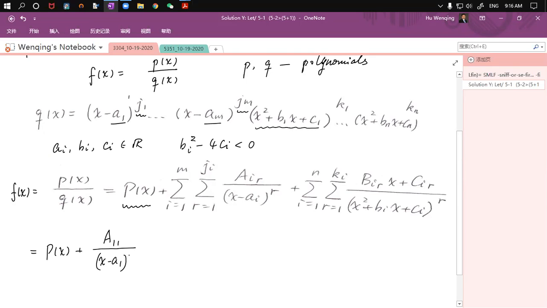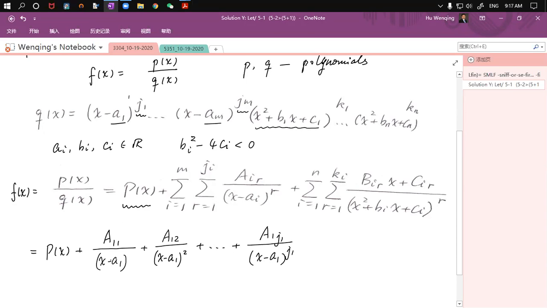You're just going to have the first order polynomial, and then a12 is going to be over x minus a1 to the power of square, plus dot dot dot, plus a1 j1 over x minus a1 to the power of j1.